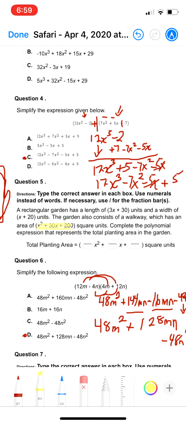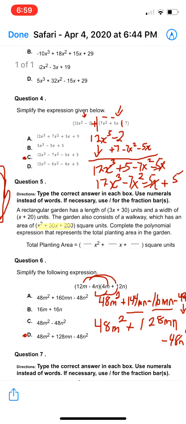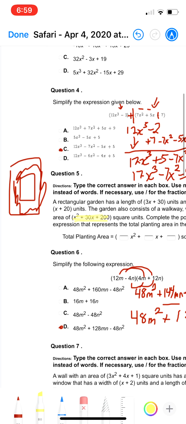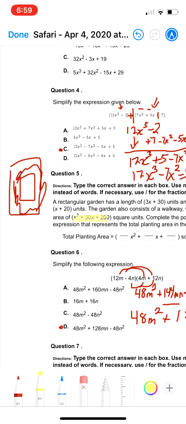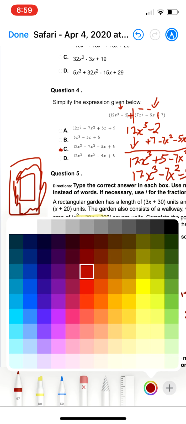So they give us the dimensions of the entire thing. They tell us that the length is 3x plus 30, and the width is x plus 20. So to find the area of the whole thing, you need to FOIL those two. I'm going to change the color here.